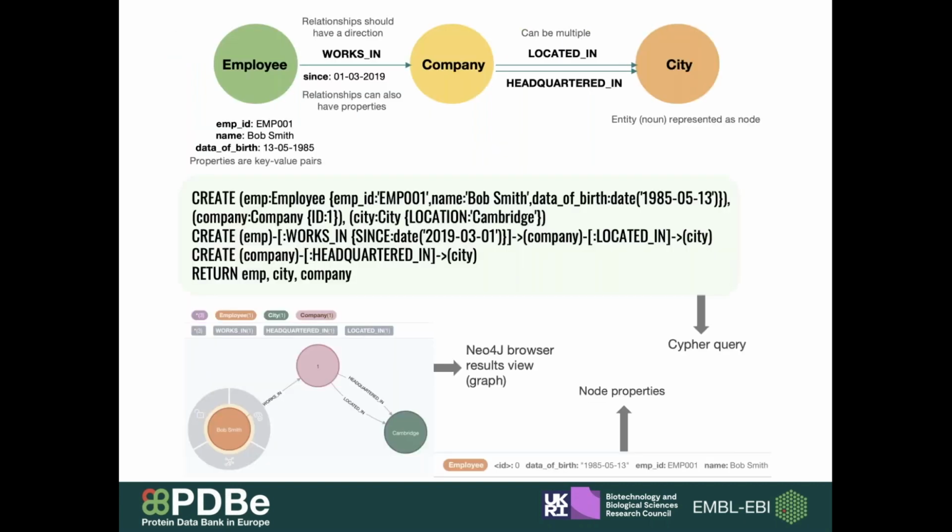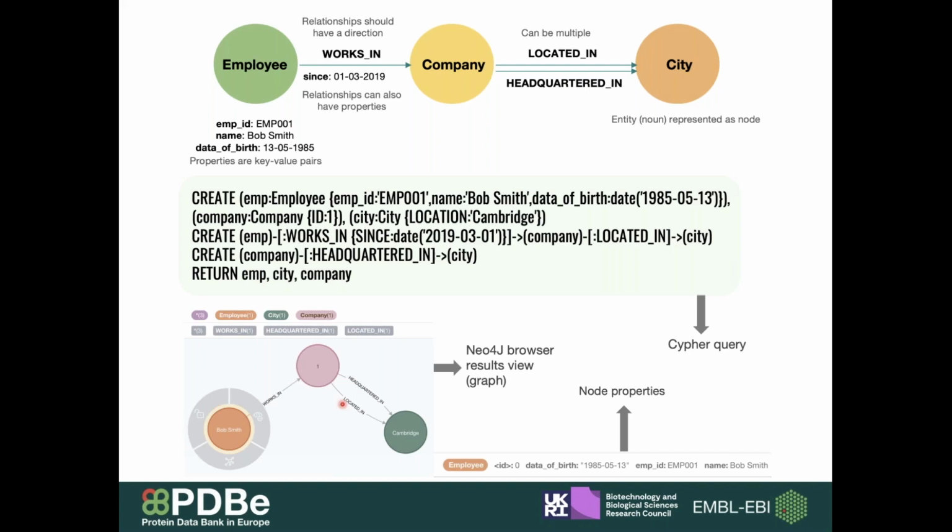Going back to a simple example of employee, company, and city, this Cypher query is used to create the respective nodes and relationships. And Neo4J browser is a user interface for working with Neo4J, which is available as part of the Neo4J graph database.